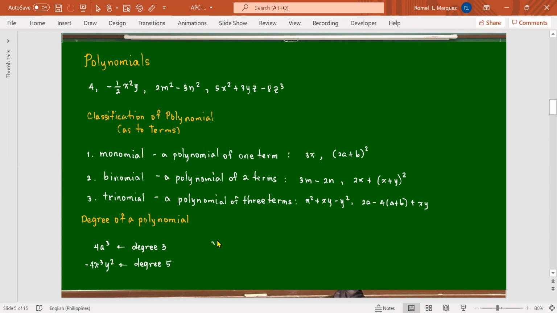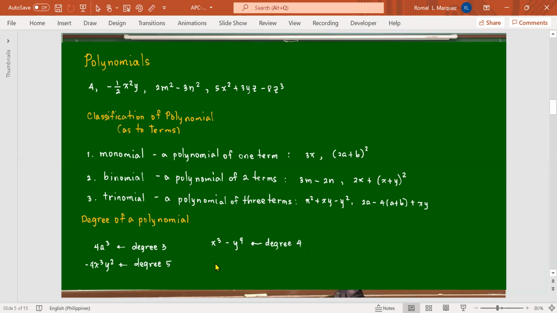If I have x cubed minus y to the 4th, what's the degree of the polynomial? The highest degree of its monomial term, okay? What's the highest degree? 4. So degree 4.